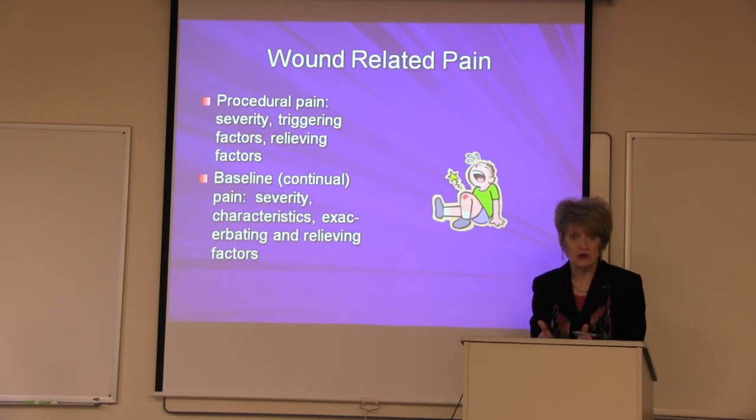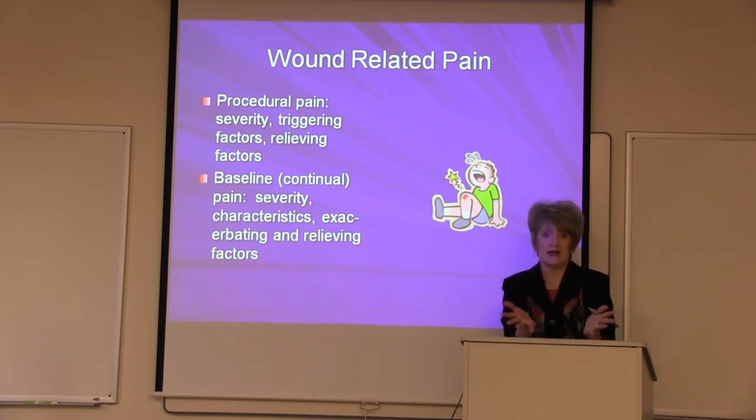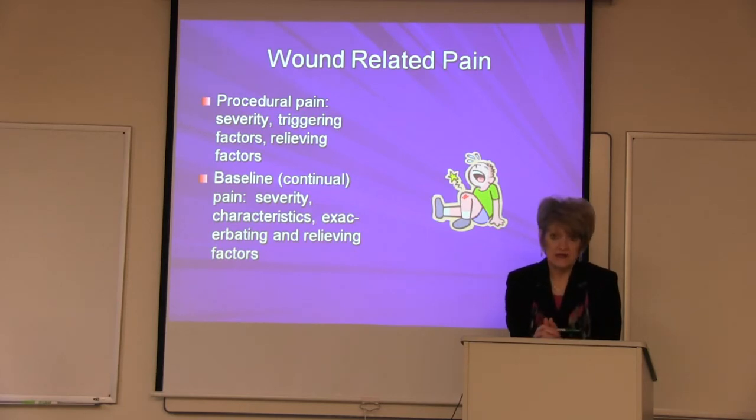Procedural pain we can frequently manage with topical anesthetics like lidocaine, xylocaine, Emla, and by modifying our dressings and our wound care approach, being very gentle, using dressings that do not cause stripping, do not stick to the wound bed, those kinds of things. Pre-medication. All of those things are very effective for procedural pain.